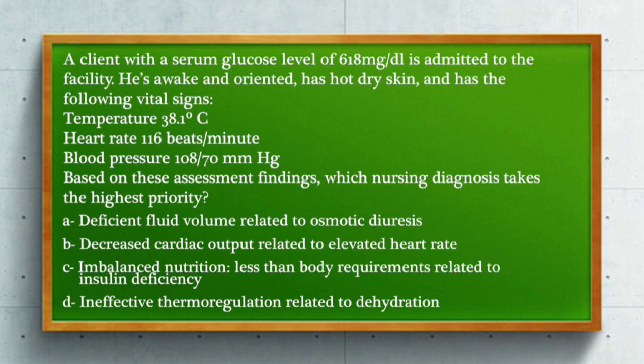A. Deficient fluid volume related to osmotic diuresis. B. Decreased cardiac output related to elevated heart rate. C. Imbalanced nutrition, less than body requirements related to insulin deficiency. D. Ineffective thermoregulation related to dehydration. And the answer: A. Deficient fluid volume related to osmotic diuresis.